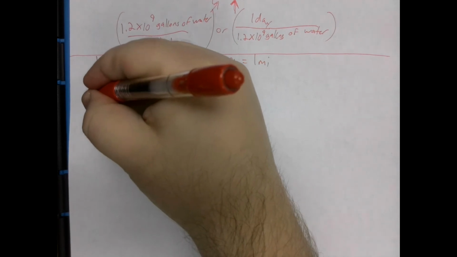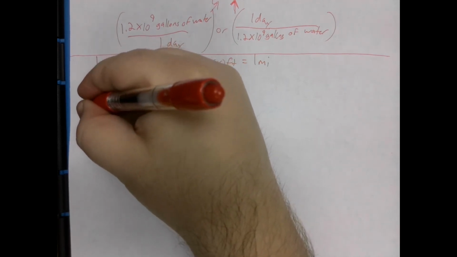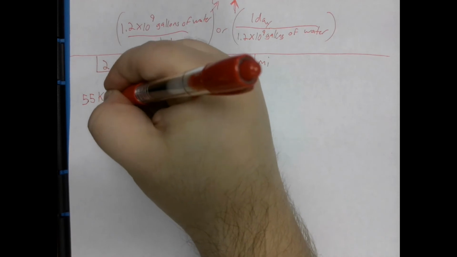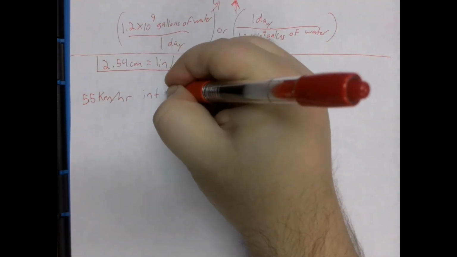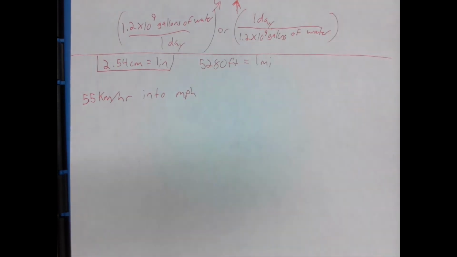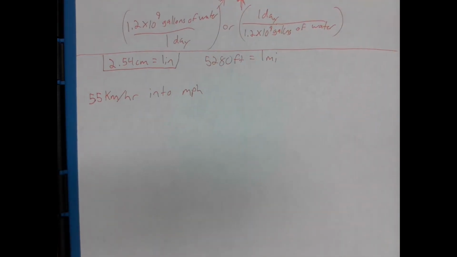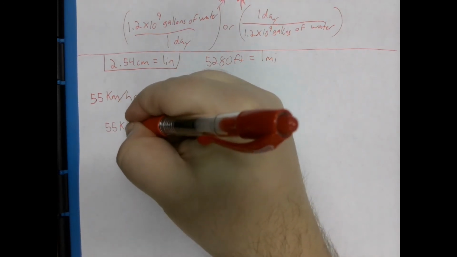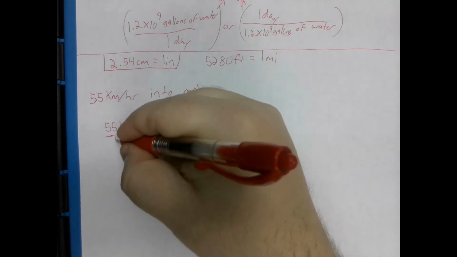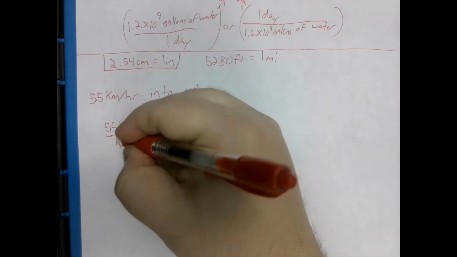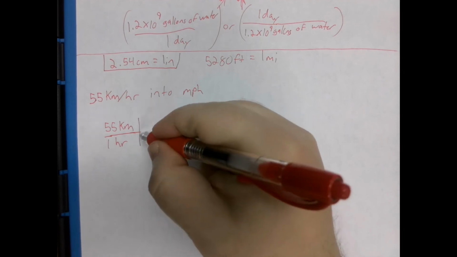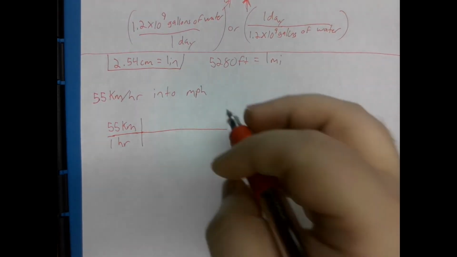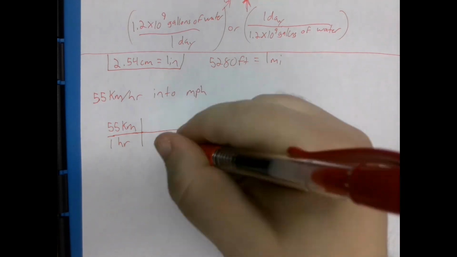So if I wanted to convert 55 kilometers per hour into miles per hour, I do not know the conversion factor of kilometers per hour to miles per hour. So this is how I convert it. I set up my dimensional analysis. I do this every time I want to go from kilometers per hour into miles per hour. It's very long, but I don't have to think about it. I know that there's no mistake. Either that or I Google what the conversion factor is.